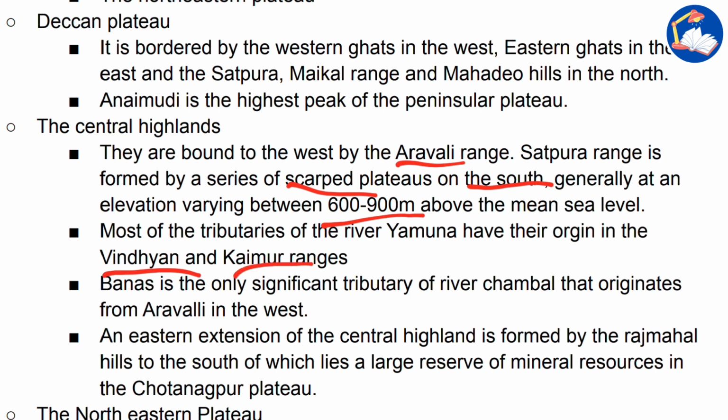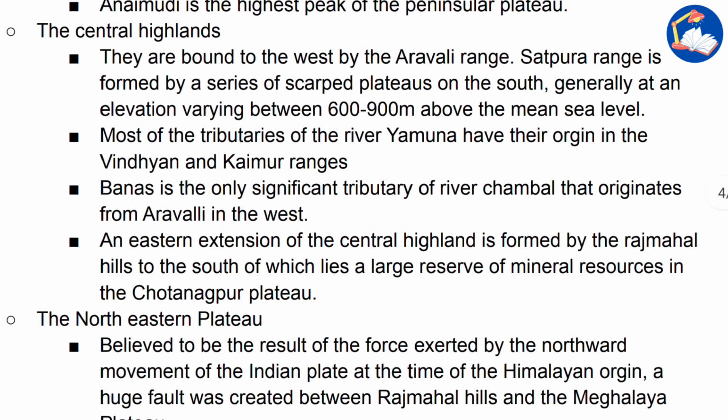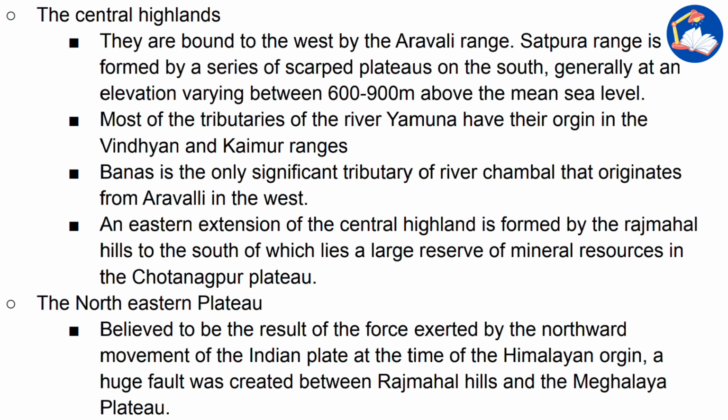Banas is the only significant tributary of river Chambal that originates from Aravalli in the west. The eastern extension of the Central Highland is formed by Raj Mahal Hills, to the south of which lies a large reserve of mineral resources in the Chota Nagpur Plateau.